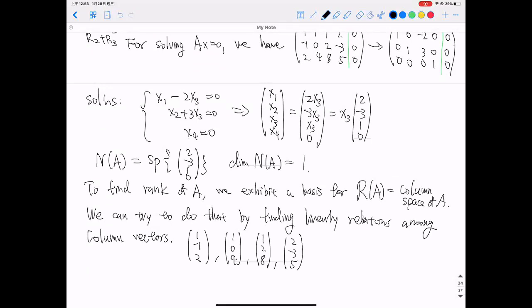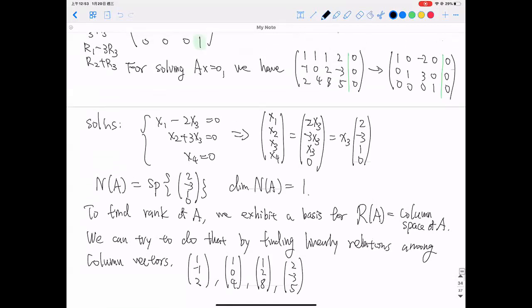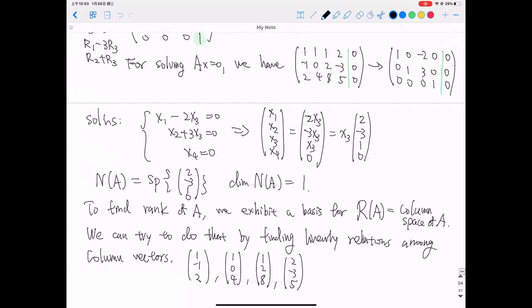We just need to find linear relations so that we can use them to eliminate the redundant vectors. But we've already dealt with that because the linear relation among the column vectors is this equation AX equal to 0. And we found all the possible x's here.